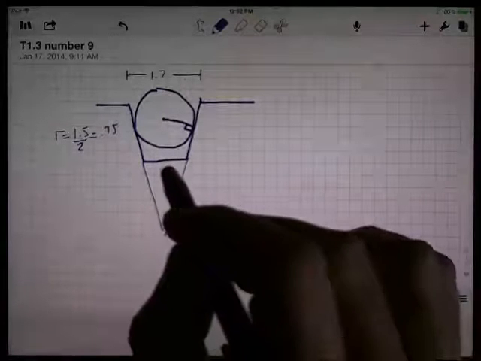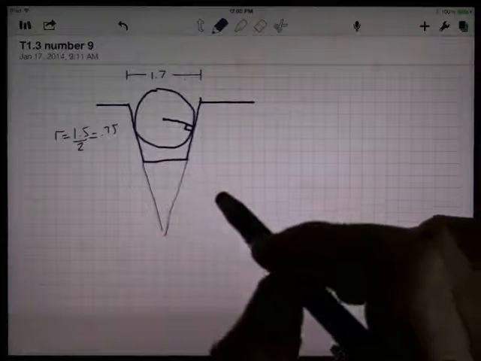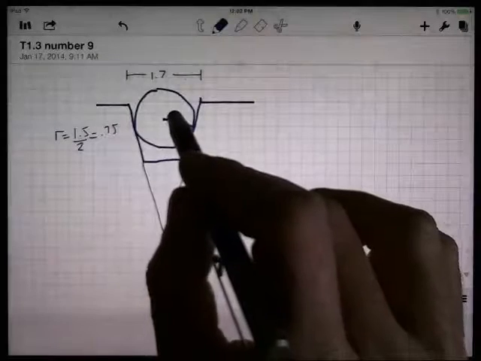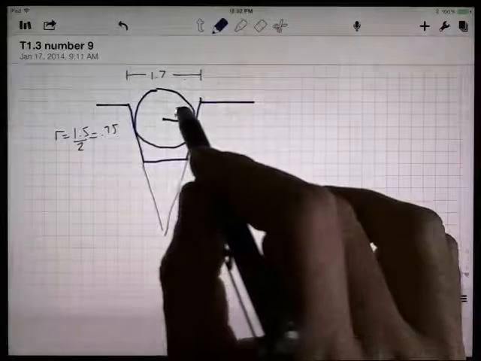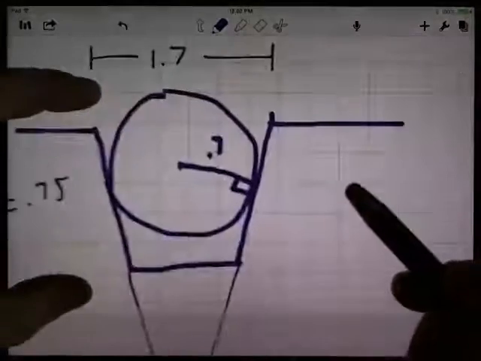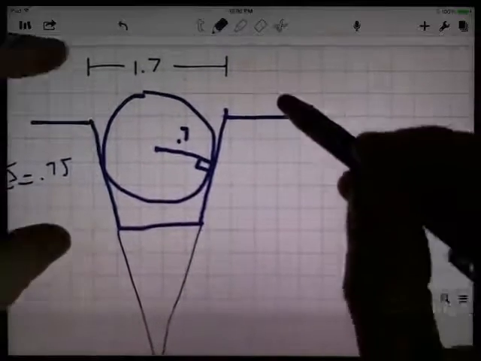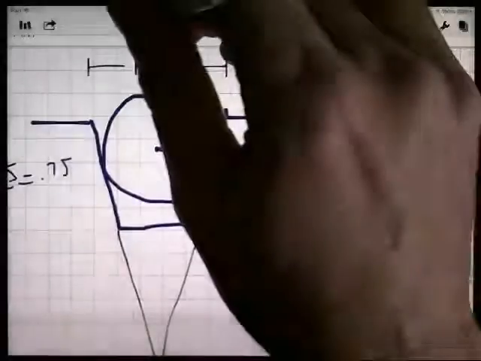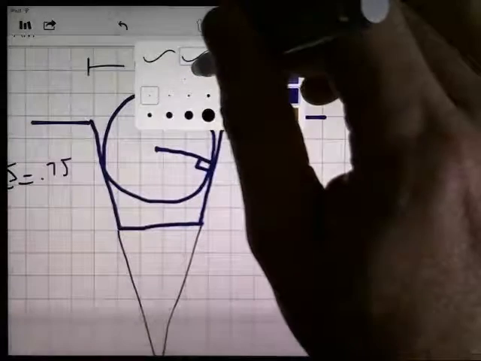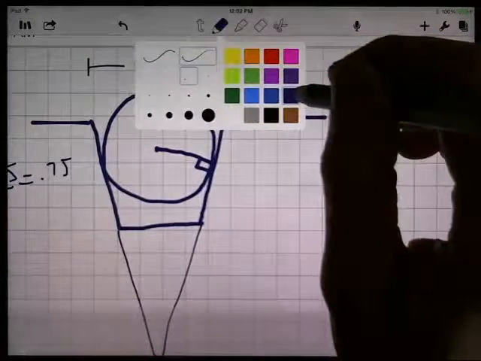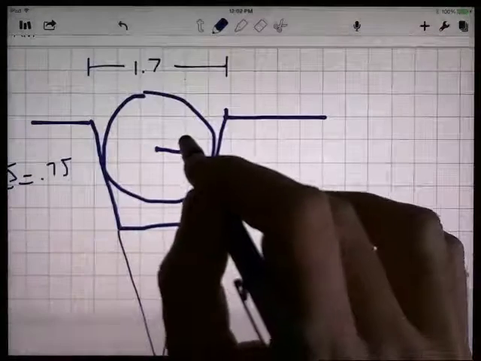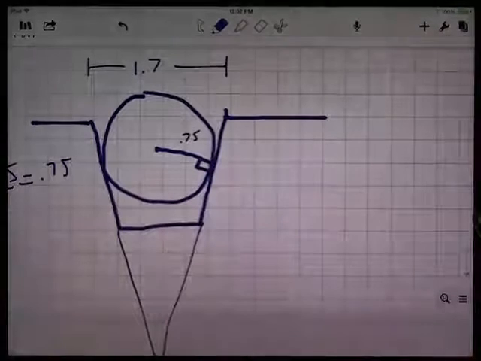Okay. So I know that that radius is 0.75. Right, let's see if I make this a little bigger. Maybe I can work this. So that was 0.75.